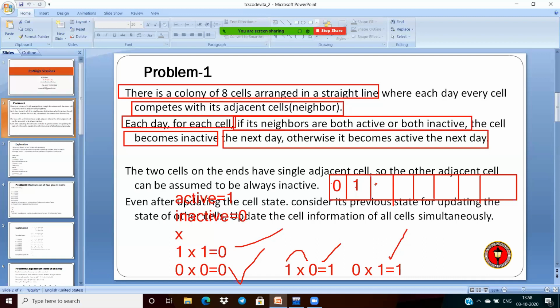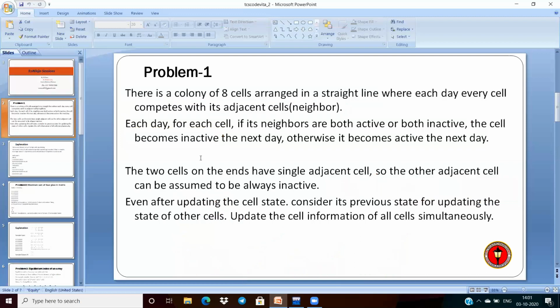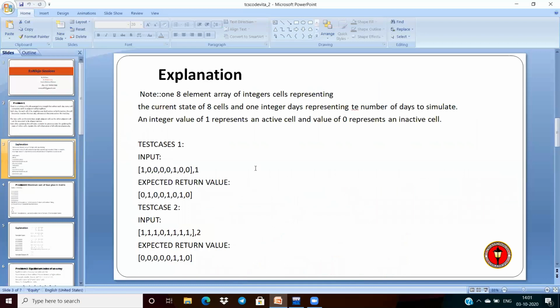Initially the cells are filled with some states, and after the next day, based on its neighbor cell values, the cell can be modified. I am giving my own values here, like 1, and next 0, and next 1. Like this we have to give some inputs; these are the test case inputs.